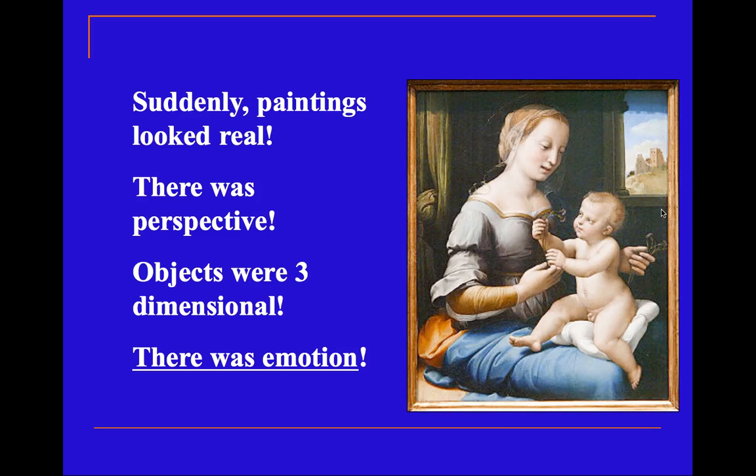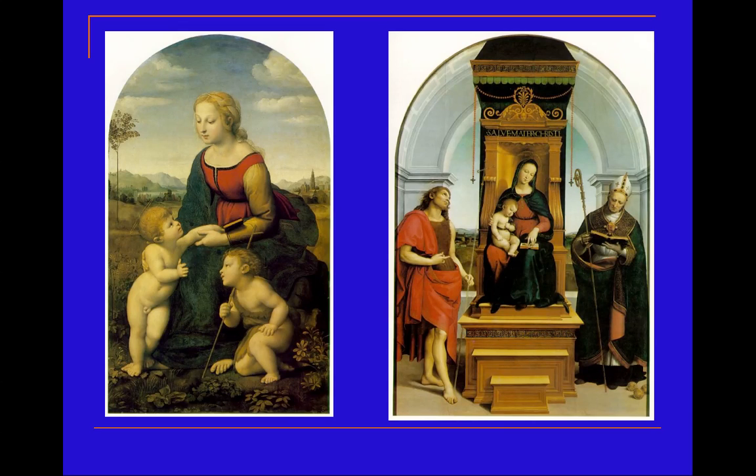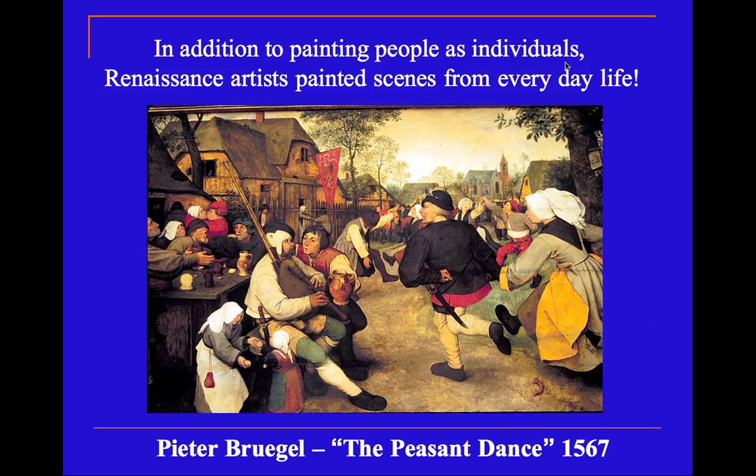It looked a lot more real. There's perspective, three-dimension, and new colors. Let's take a look at this painting right here. Again, religious themes, but very different than the Middle Ages. And they also started to paint daily life.